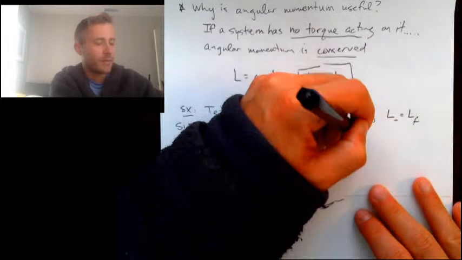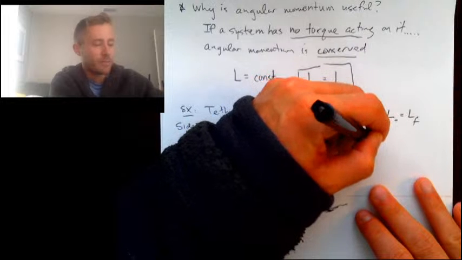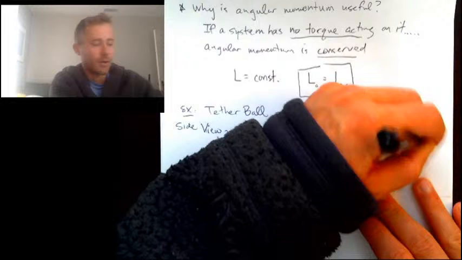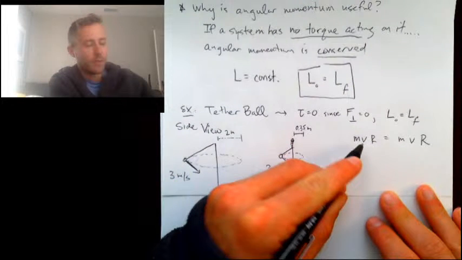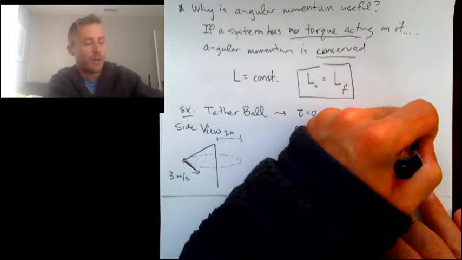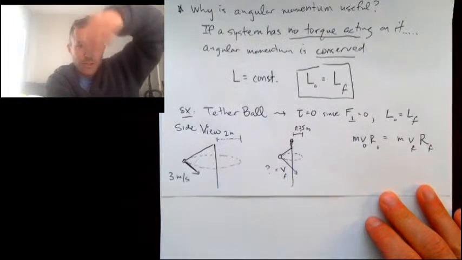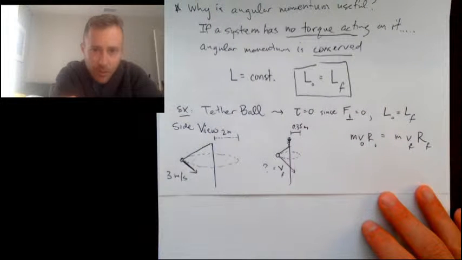All right? So I write my angular momentum conservation equation. So I have mvr equals mvr, where on the left-hand side I have initial values, and on the right-hand side I have final values. Now the mass of the tetherball is not changing as it gets wound around the pole, okay?